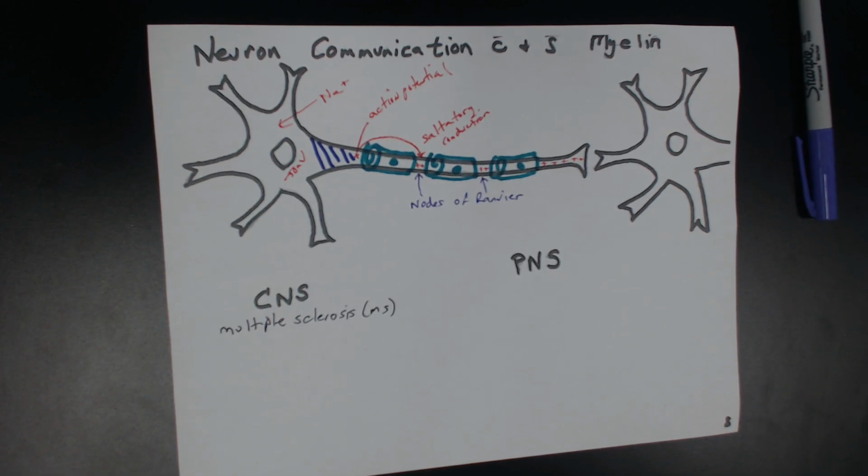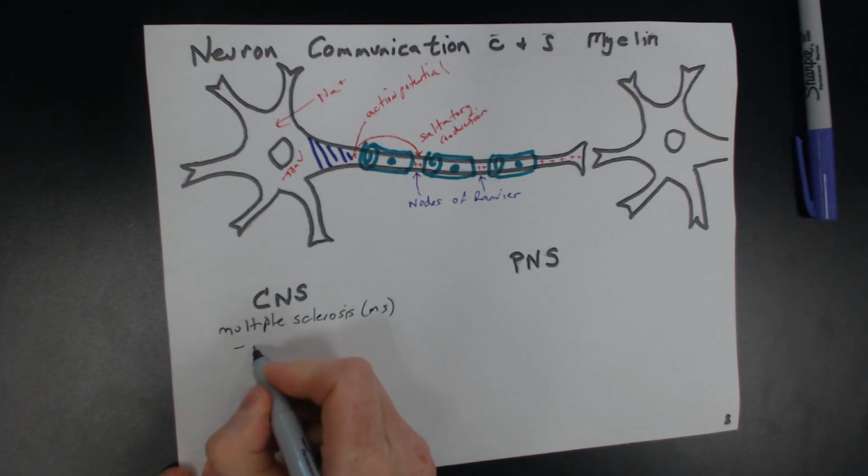Okay, things that you need to know about MS. MS is an autoimmune disorder.